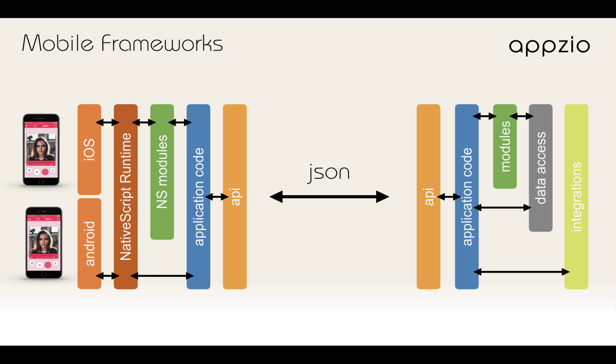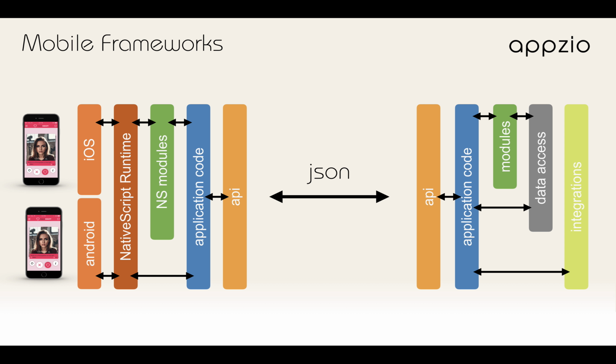But at large, the promise there holds. NativeScript takes JavaScript and translates it into a language that iOS and Android understand natively. There's of course some overhead there on the translation, but in the case of NativeScript, it's not huge.